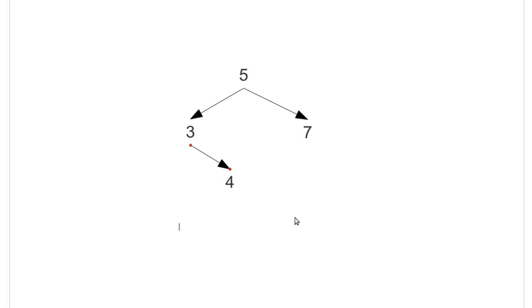Similarly, if we had a 2 in here, the 2 is less than the 5, and it's also less than the 3. So our 2 would be somewhere around in here, and we would connect that up.